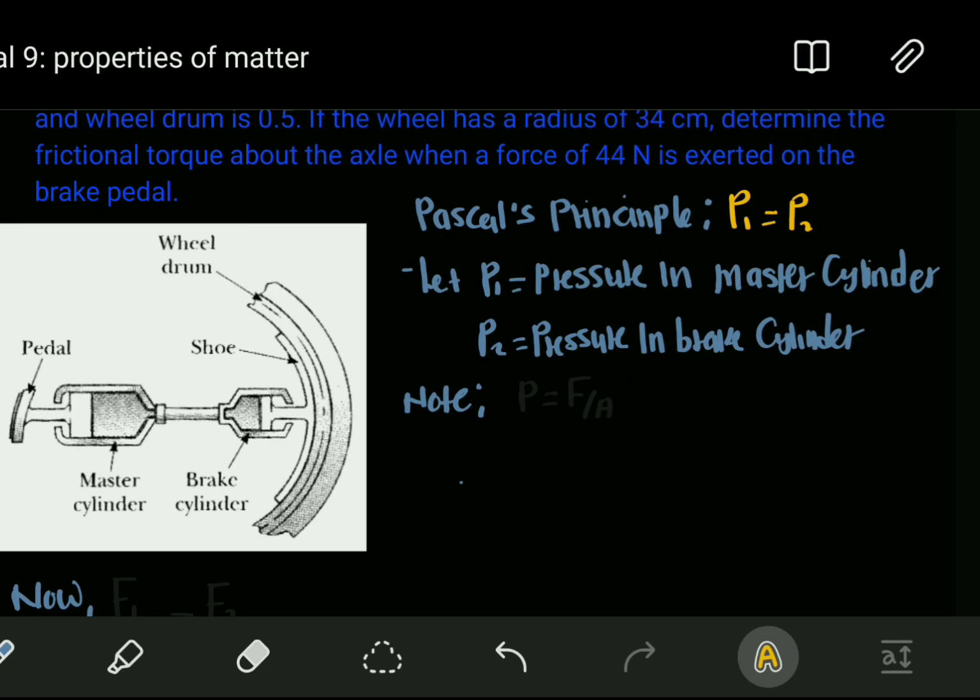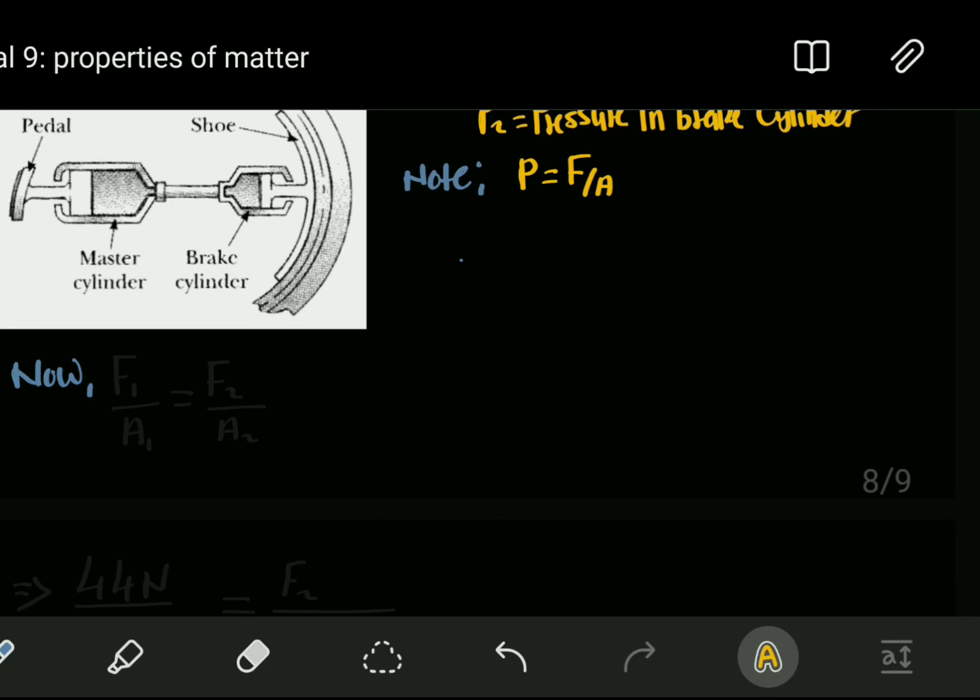So let P1 be the pressure in the master cylinder and P2 be the pressure in the brake cylinder. We know that pressure is the force per unit area, so P1 equals P2: F1 over A1 is equal to F2 over A2. We want to know the force applied in the brake cylinder first.